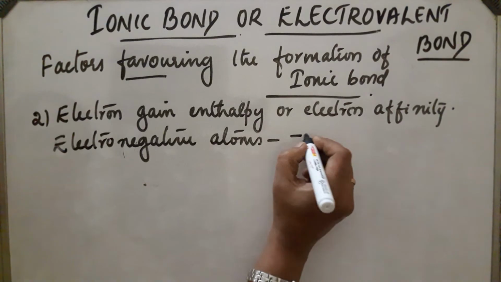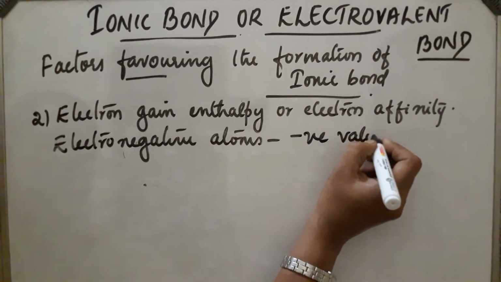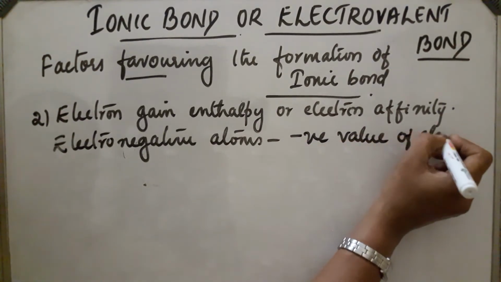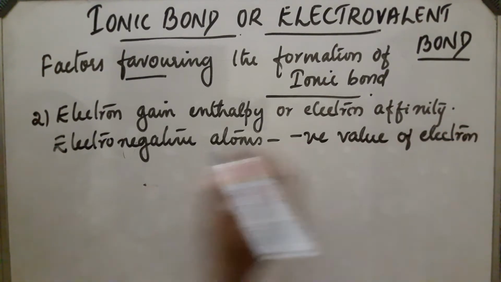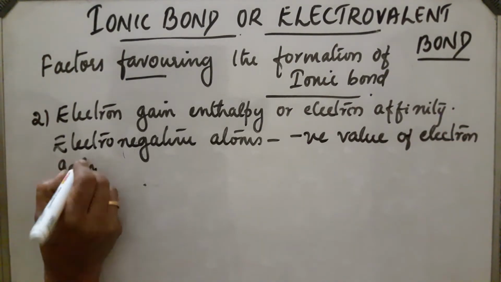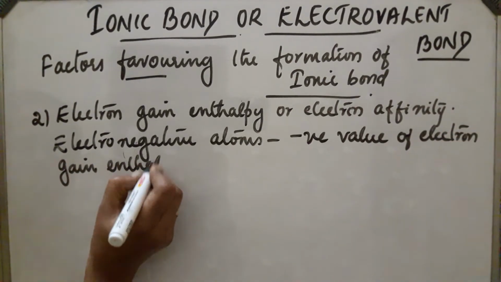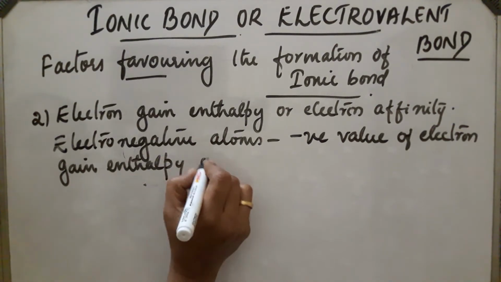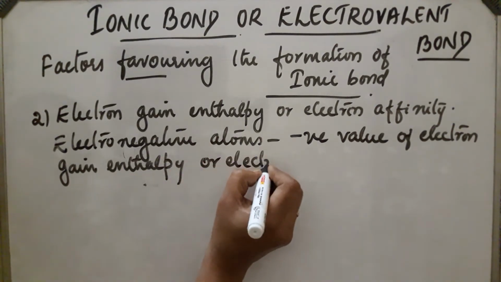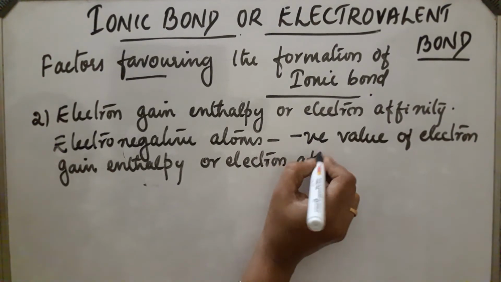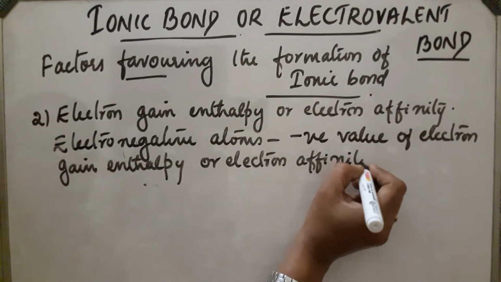Okay, if the negative value of electron gain enthalpy is more, or we can say electron affinity is more, it means more energy is released.